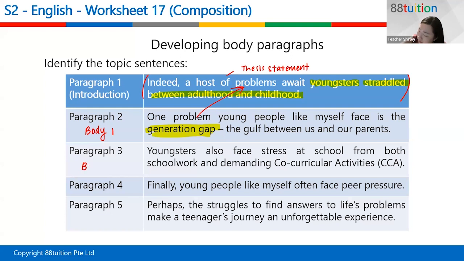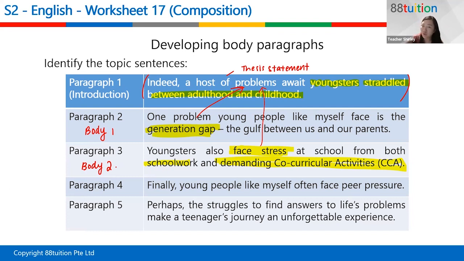Now body paragraph 2. "Youngsters also face stress at school from both schoolwork and demanding CCAs." So facing stress. Is it related to the thesis statement? Yes, as well, right? Because it's problems. So facing stress in school because of the demanding schoolwork as well as CCAs.